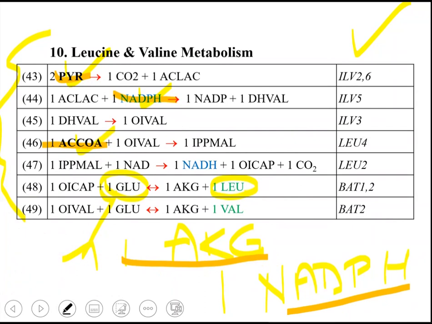So remember this biomass reaction from building blocks: this many leucine plus this many alanine plus this many phospholipids, etc. So rather than writing the biomass reaction in terms of building blocks, this approach writes the biomass reaction in terms of precursor metabolites.